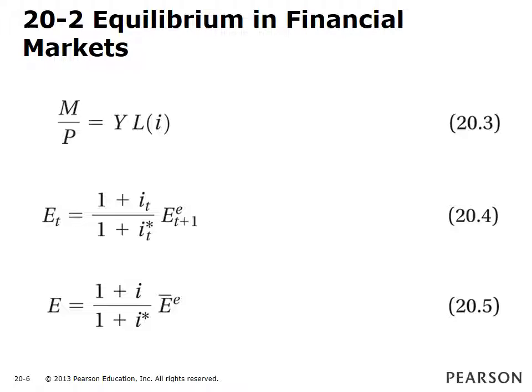In fact, the pound must be expected to appreciate by 2% to compensate for the 2% increase in the domestic interest rate I. Similarly, an increase in the expected exchange rate, keeping I and I star constant, leads to a 1-for-1 increase in the current exchange rate E.